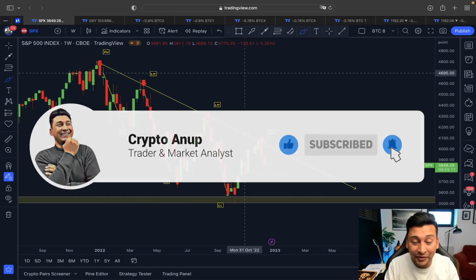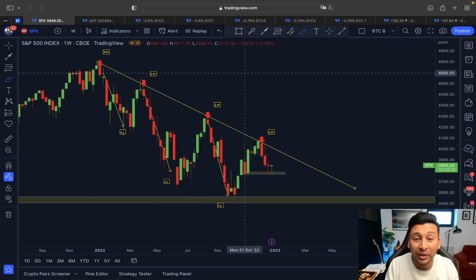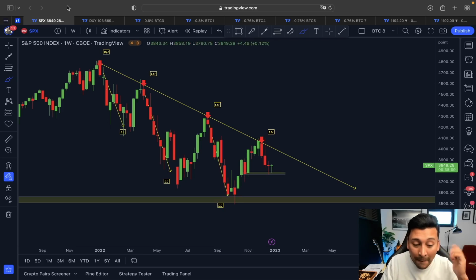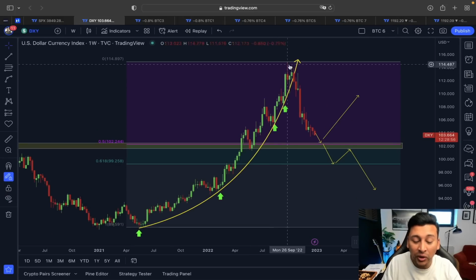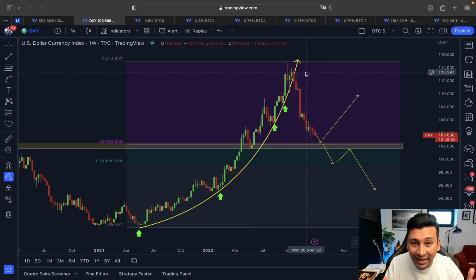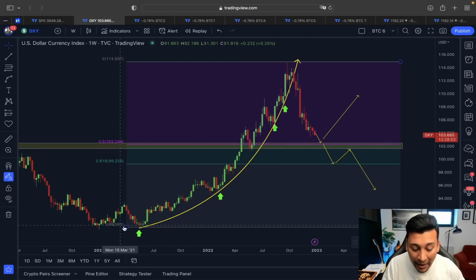Now first thing first, yesterday we found out since the traditional market is very much correlated with the crypto market, we are also going to monitor the S&P 500 move, because we know parallelly the US dollar index has broken the key support line from this parabolic curve.